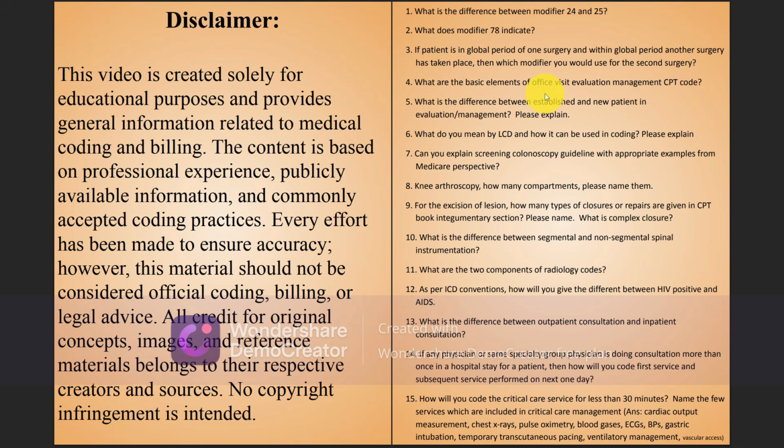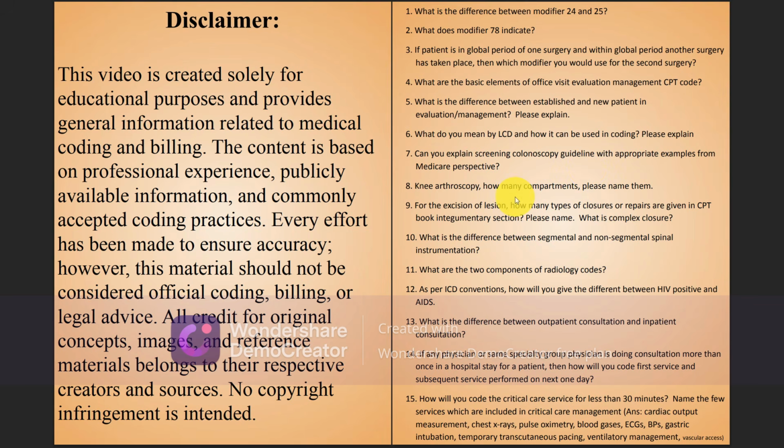What are the basic elements of office visit evaluation and management? What is the difference between established and new patient in E&Ms? Please explain. What do you mean by LCD and how can it be used in coding? Please explain. Can you please explain a screening colonoscopy guideline with an appropriate example from the Medicare perspective?